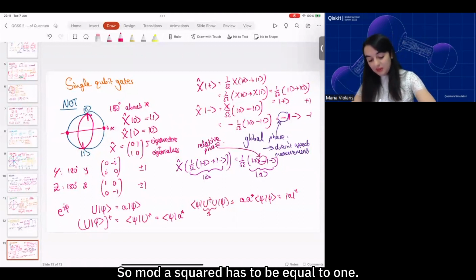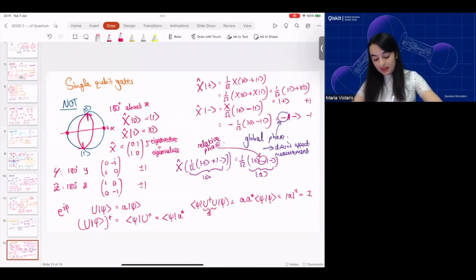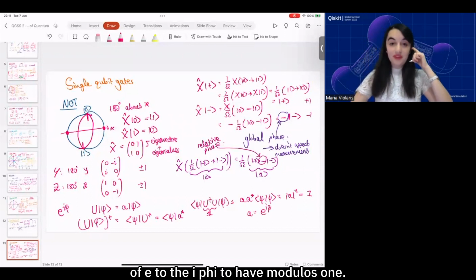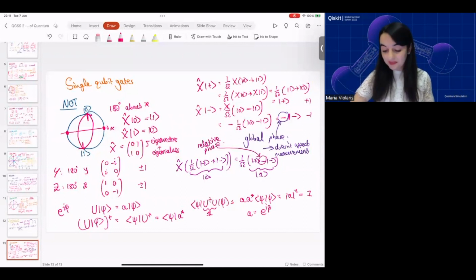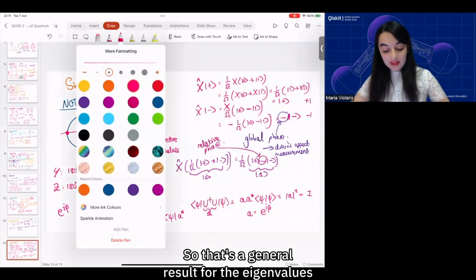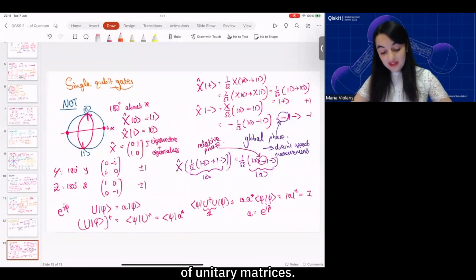So mod a squared has to be equal to 1, and that means that a has to be, in general, of the form e to the i phi to have modulus 1. So that's a general result for the eigenvalues of unitary matrices.